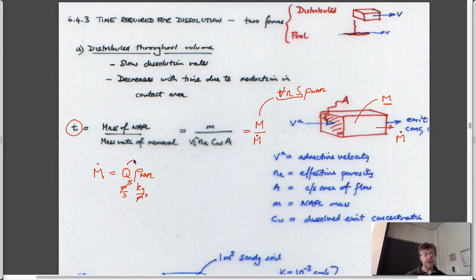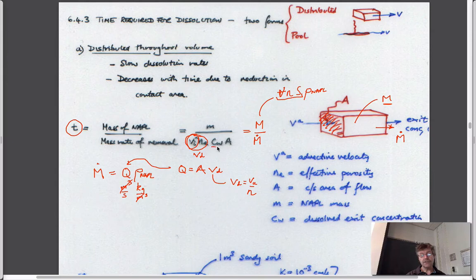And so we know that the volumetric flow rate from Darcy's law is equal to the cross-sectional area, this cross-sectional area here, multiplied by a Darcy velocity. And we know that Darcy velocity is equal to advective velocity divided by porosity. So if we have the product of advective velocity and porosity together, these are Darcy velocities.